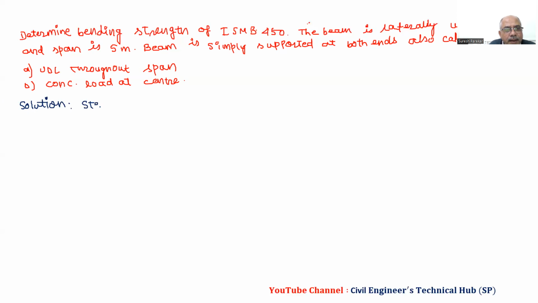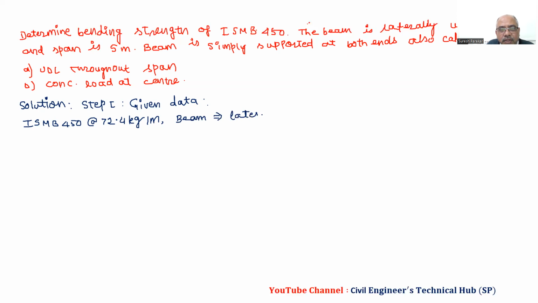We have step 1, given data. We are given ISMB 450 at 72.4 kg per meter. I am in college, and I am recording this from college, so you may have some noise. Then we have the beam given, which is laterally unsupported.